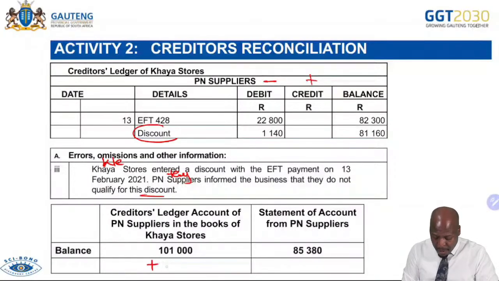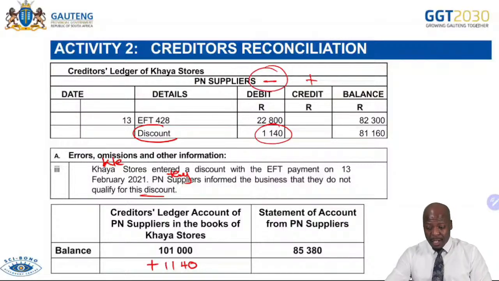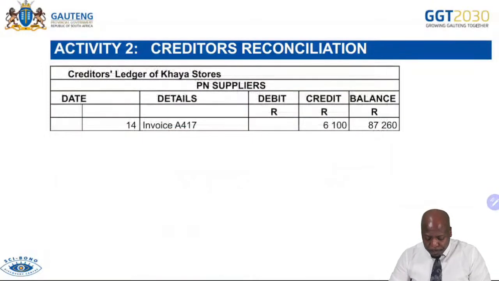So we're going to come and say plus 1,140 because that discount was not granted. We had said minus 1,140. To correct that, we simply come and say plus 1,140. Okay, I'm going to move on to the next one.